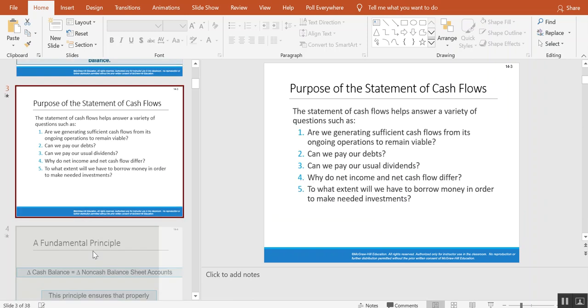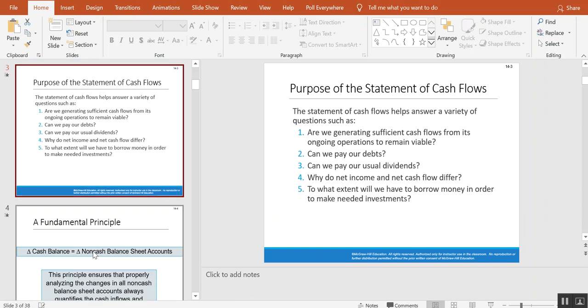Now, initially, they developed a statement of changes in financial position that was a little more complex and a little more complicated, but they've since moved away from that and moved to this statement of cash flows, which I think you'll find much better to work with. And I certainly think it is an improvement over what we had before.